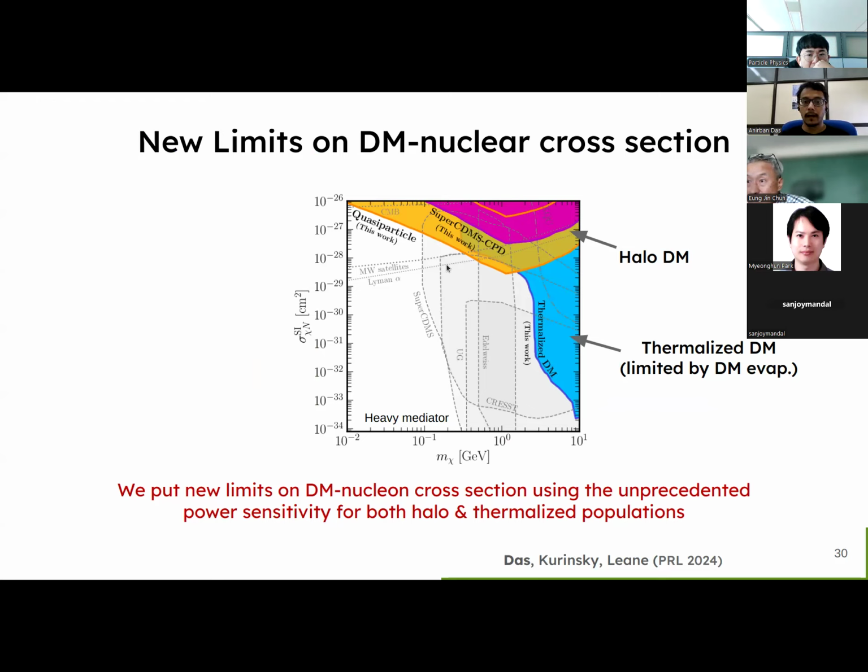And these gray lines are all the other existing experiments. These are laboratory experiments, and these are some astrophysical observations. So you can see that even though these lines are not going into new parts of the parameter space, it's still quite competitive with these other parts.